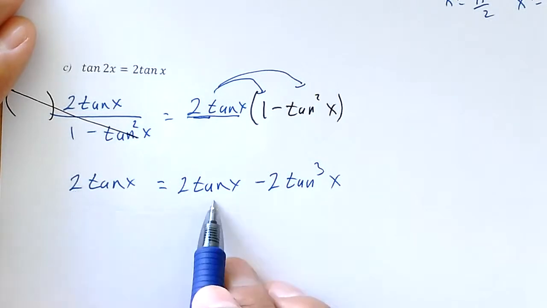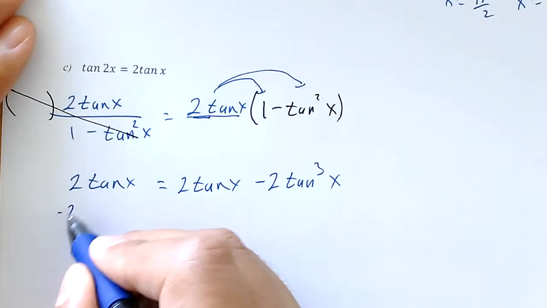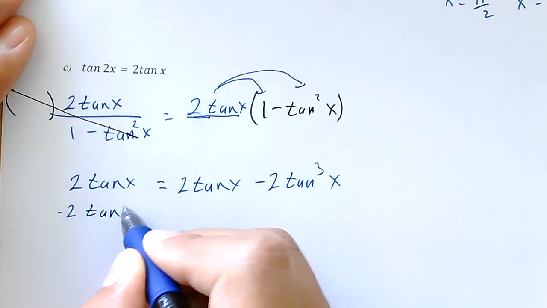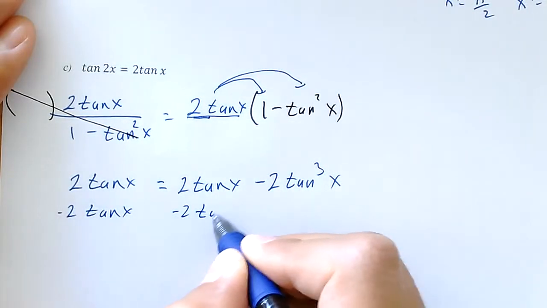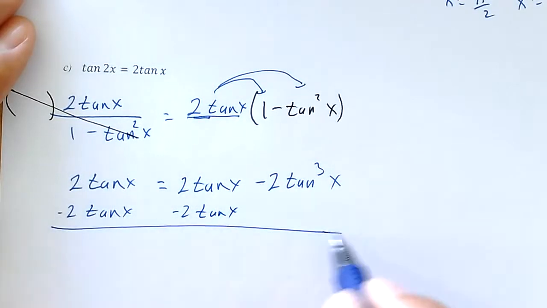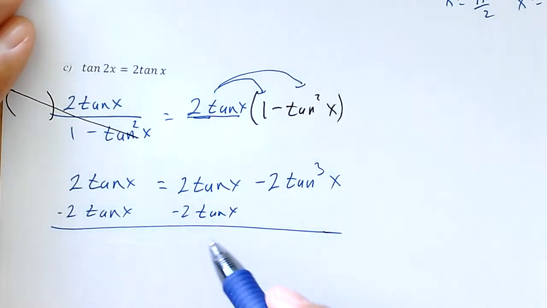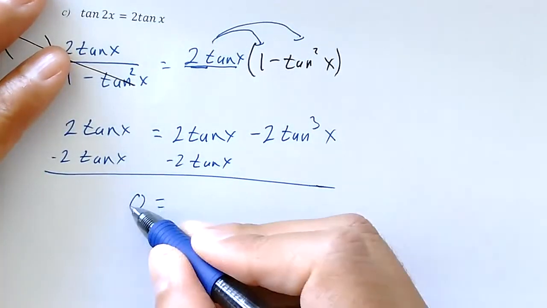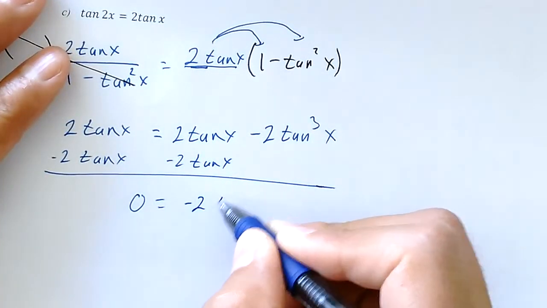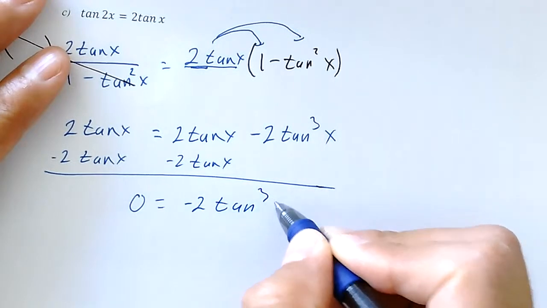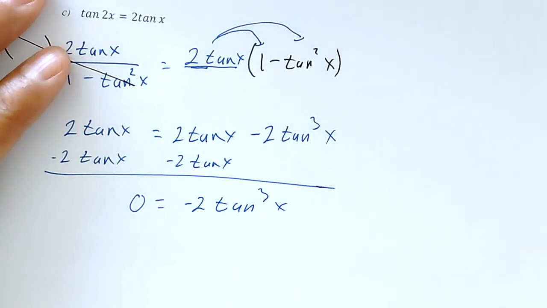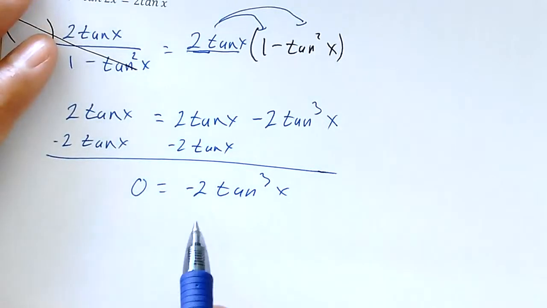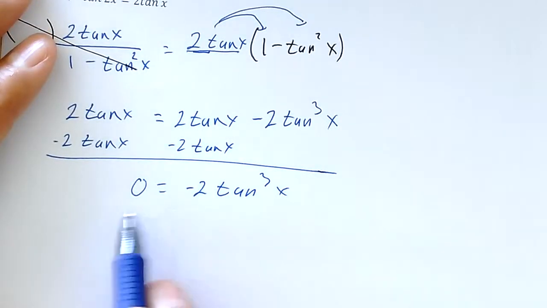And when I move that over here, it's going to be 0. It's going to go away. And this is going to go away as well. So what I'm left with is 0 equal to that. Now to solve this, I could divide both sides by -2.